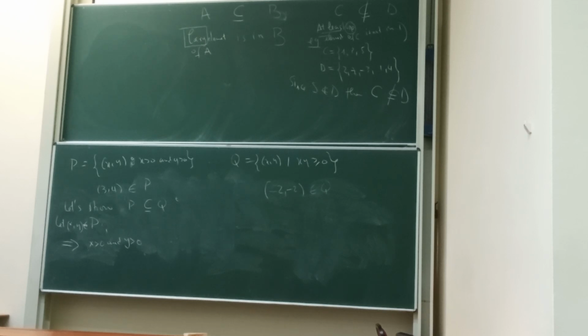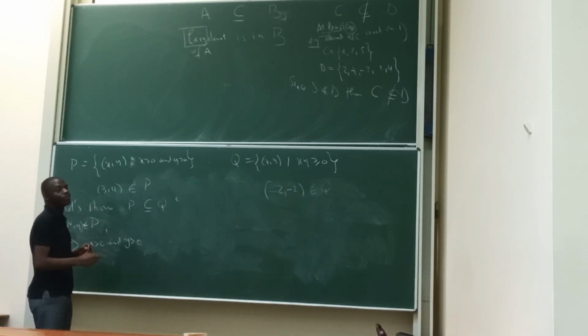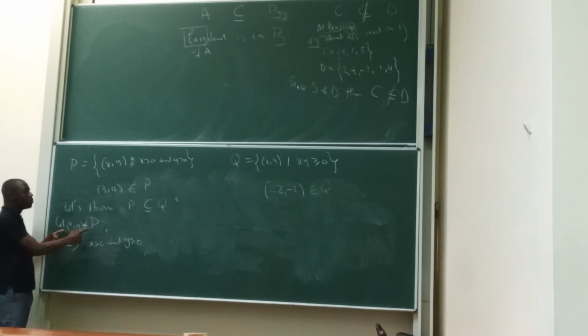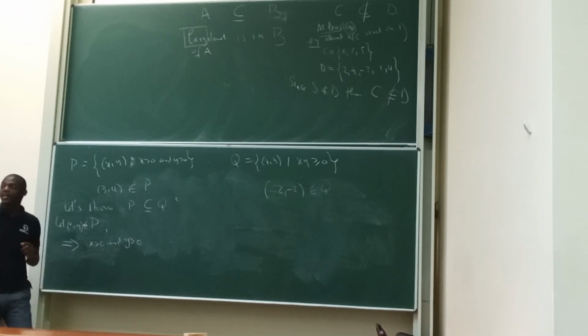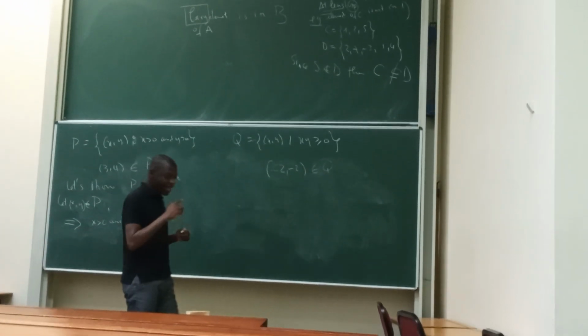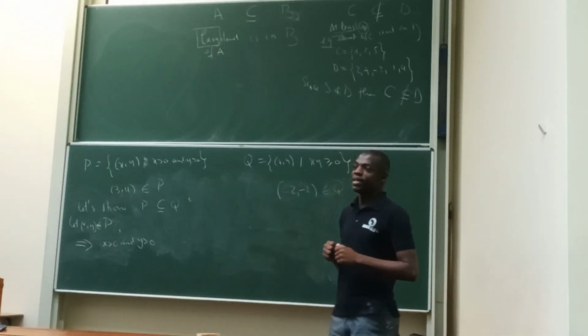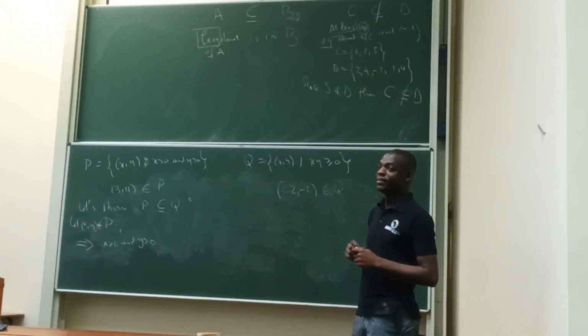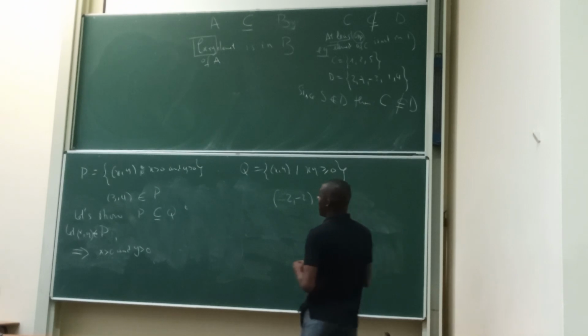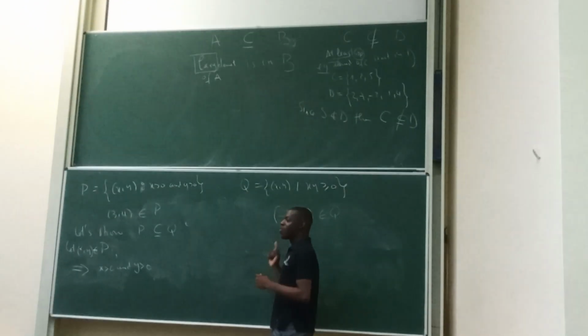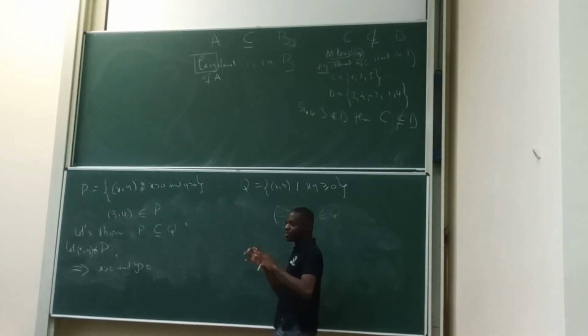Okay? But we want to find out if this element is in Q. For this element to be in Q, what we need to check is that the product of x and y is positive. So if I have x positive and y positive, when I do the product, what will I get?